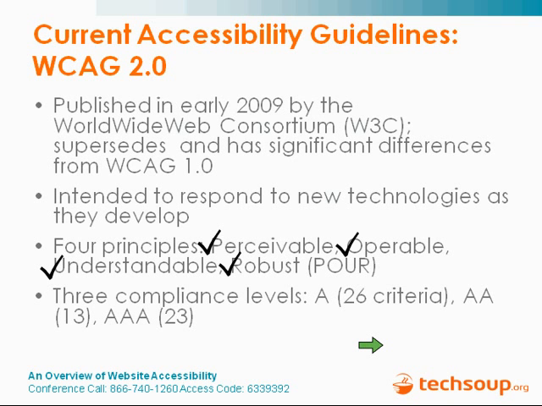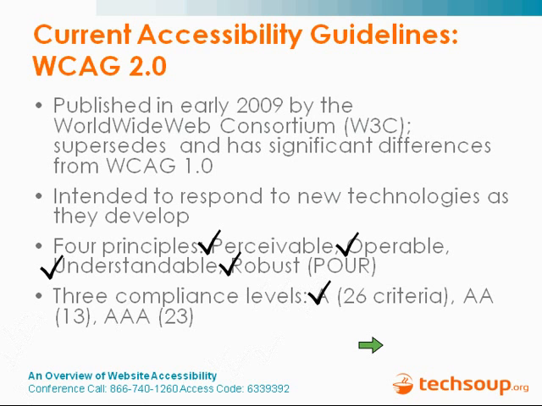The compliance level in WCAG 2.0, there are 3 compliance levels. Level A, which is 26 criteria. These are things that must be in place for accessibility to be ensured. In large part, they have to do with compatibility with assistive technologies.